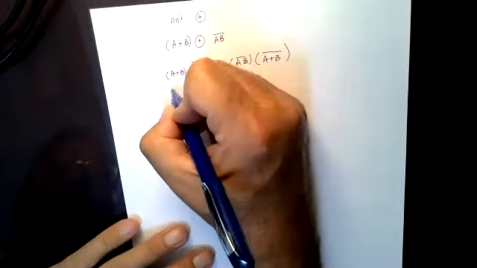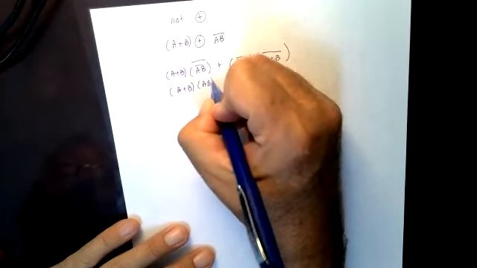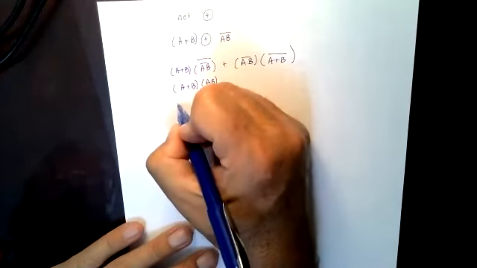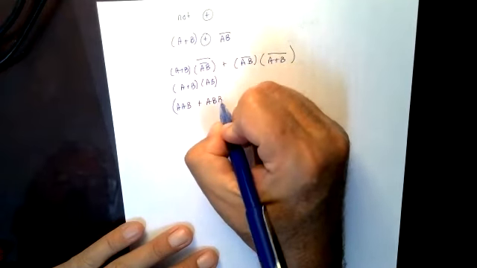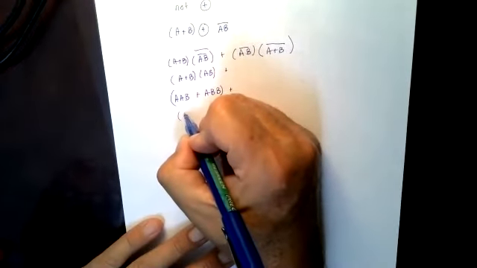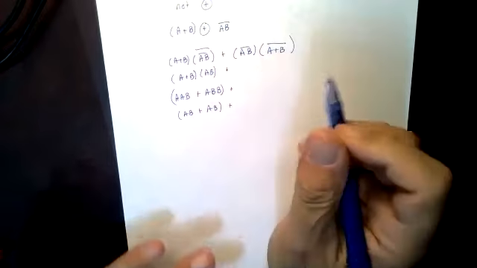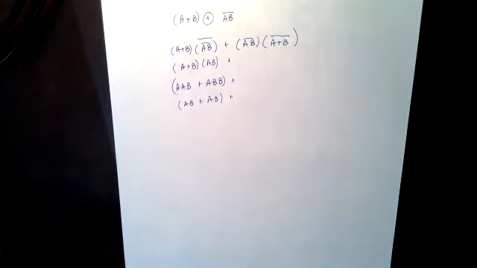All right, so I'm going to work on this side. A plus B times AB. And I'm going to distribute through. I get AAB plus ABB. AA I know is just an A. BB is just a B. What is anything ORed with itself? What is AB plus AB?